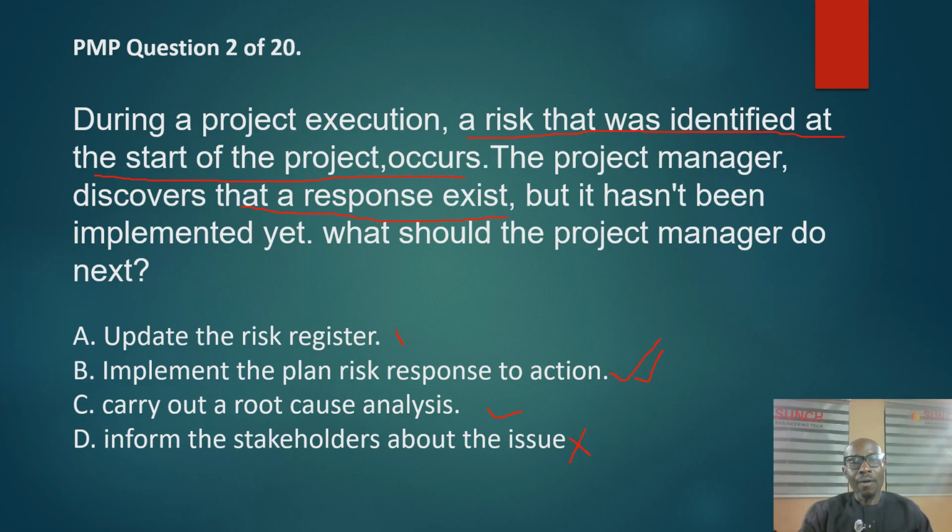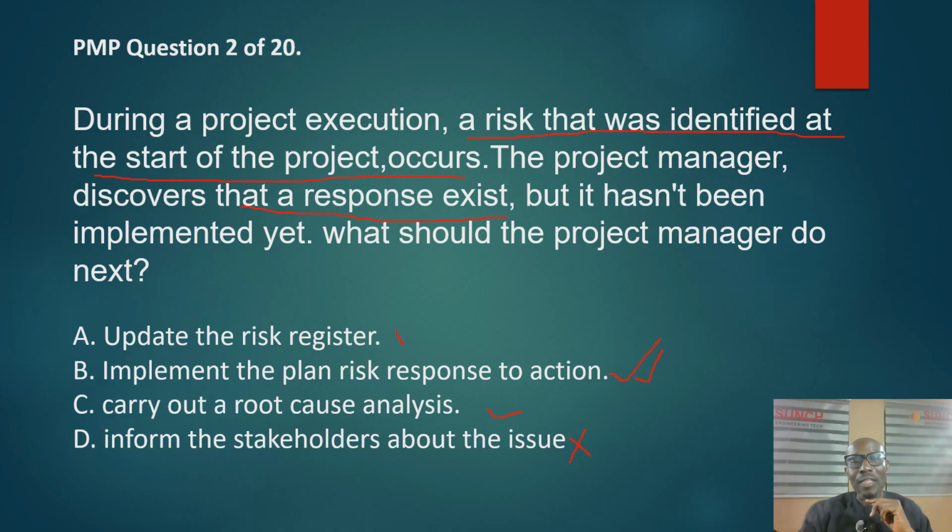So using PMI analysis logic, the first thing for you to do is, since there is a response already, you implement the response action. Then the second thing is you update the risk register. After you have updated the risk register, then you can carry out the root cause analysis. After you have carried out the root cause analysis, then you can inform the stakeholders about these issues.